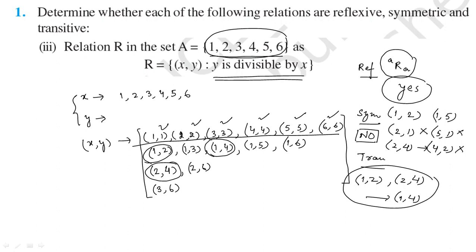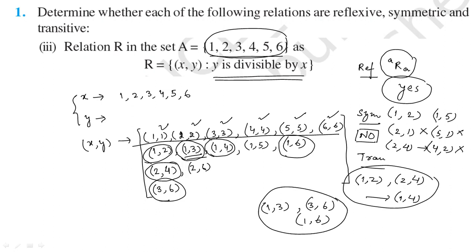Suppose I am taking the example of 1 3. The second combination is, let us say 3 6. 1 3 is there, 3 6 is there, and 1 6 is also there. Depending upon these conditions, you can say that this relation is transitive and answer is yes.